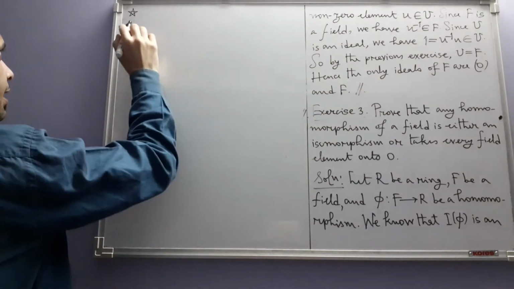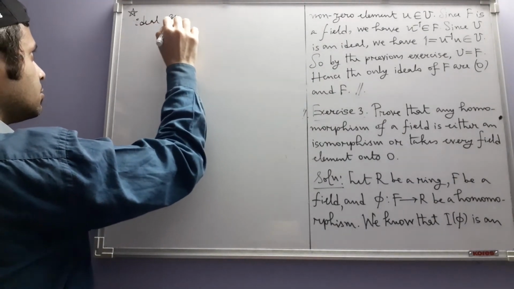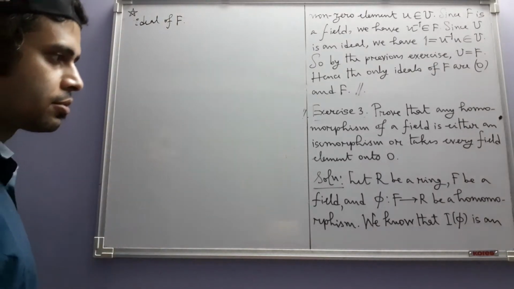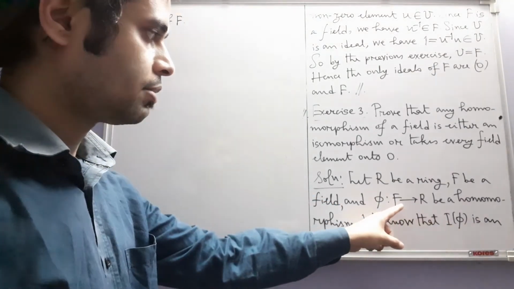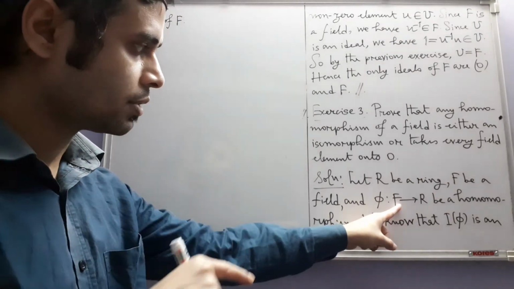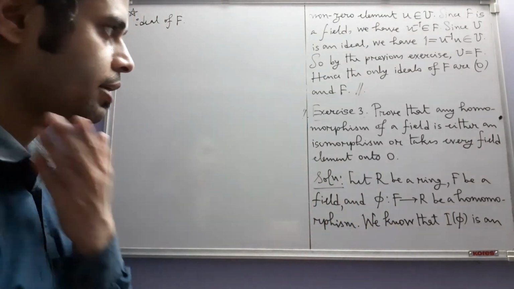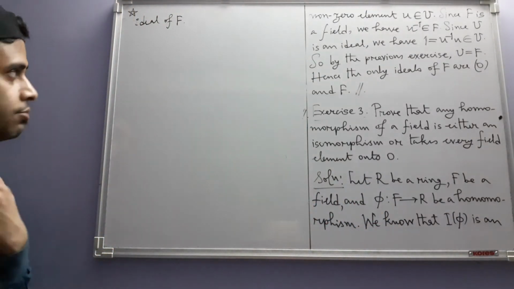Is an ideal of F. So I of phi is now an ideal of a field, and just now in the previous exercise we have proved that the only ideals of a field are the zero ideal and the field itself.